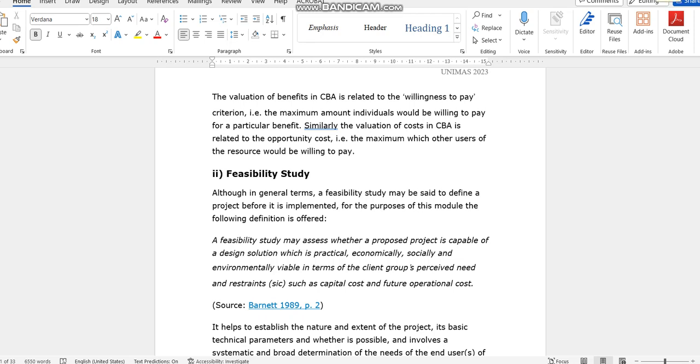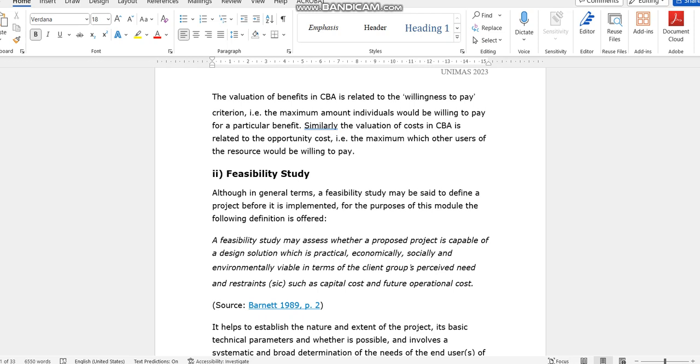So a feasibility study is defined as a study to assess whether the proposed project is capable of a solution that is practical, technically doable, economical, socially and environmentally viable.